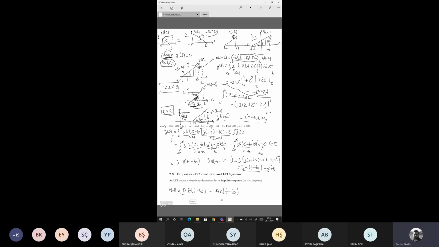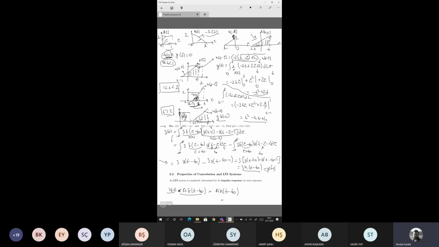This is due to the shifting property. If you convolve a general h(t) with an impulse, the result is a scaled and shifted version of the input. But we have shown this by using the formal definition of convolution.